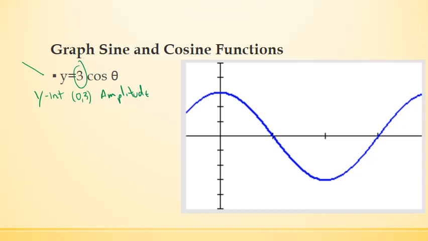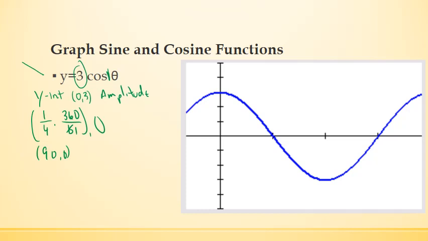For a cosine function, we have this formula: 1/4 times 360 over the period, comma, 0. In this case, b is 1, so we've just got 1/4 times 360, which is going to be 90, 0.